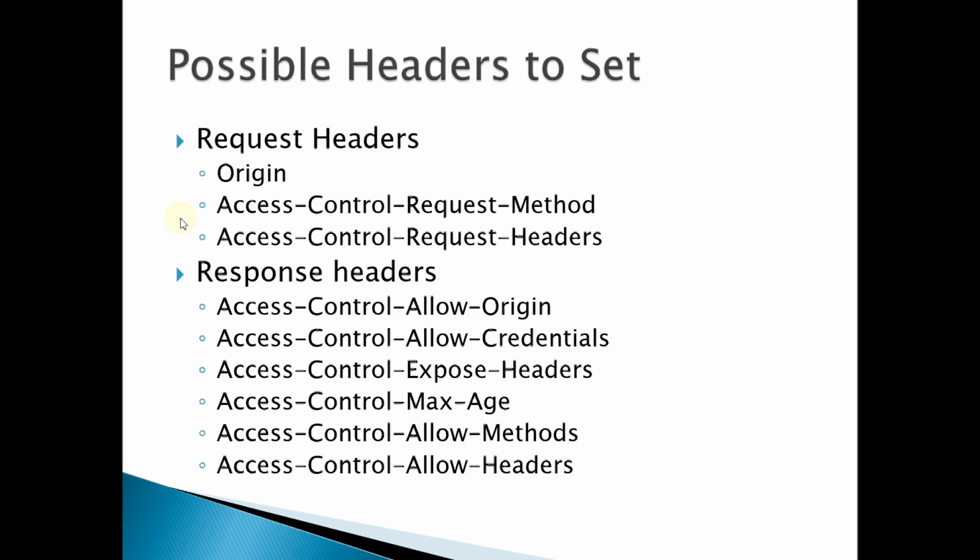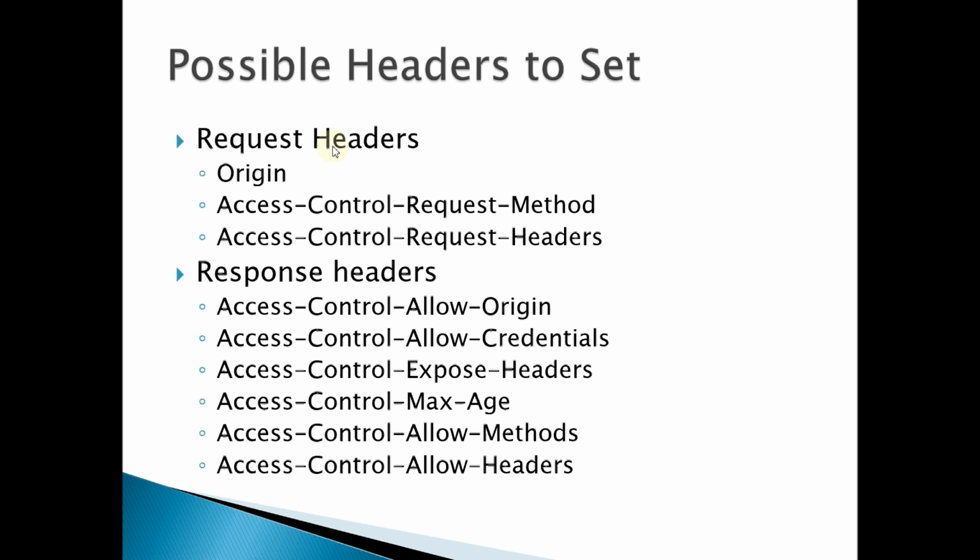Normally, what type of headers do we receive and what type of headers do we provide? Normally a client-side application can provide these three things: the origin of the request, which is by default with that application, the access control method, and the headers if that request has some headers. These are the three things included by the end user application when it forwards the request to our server.